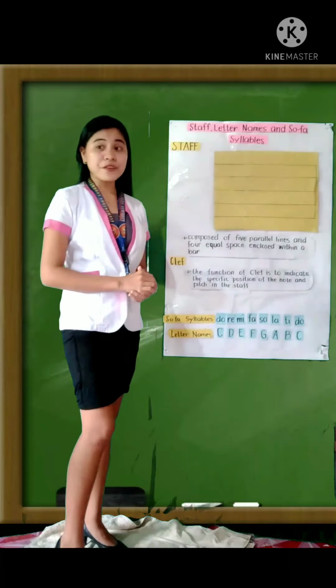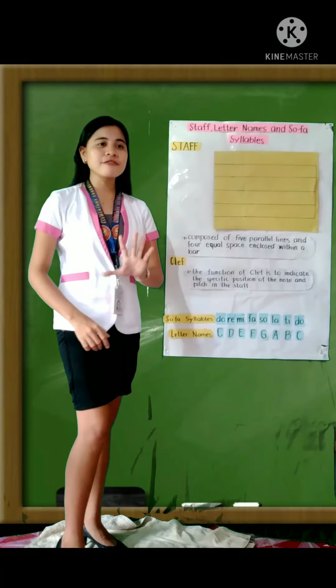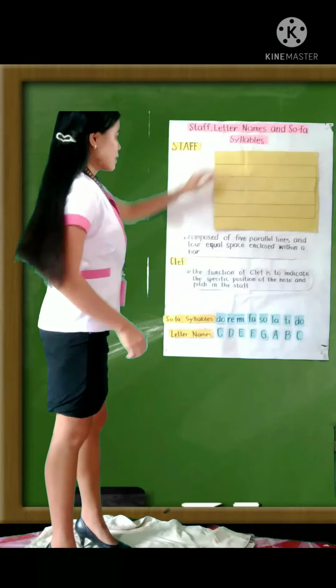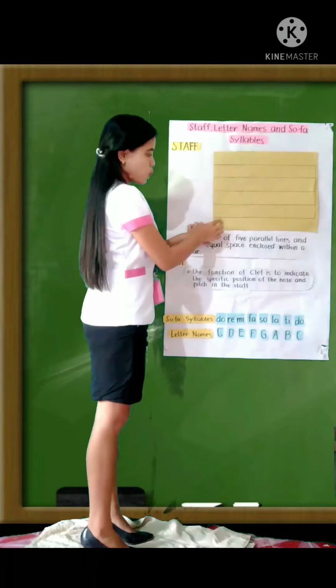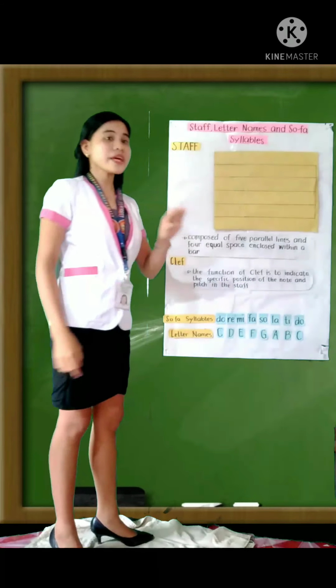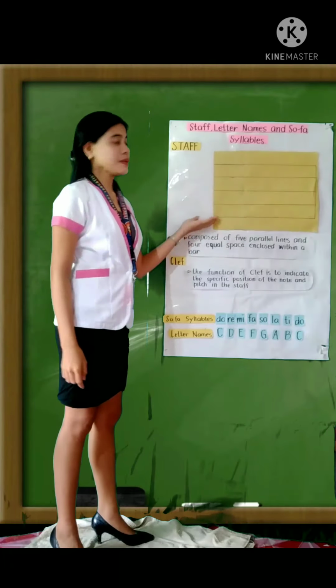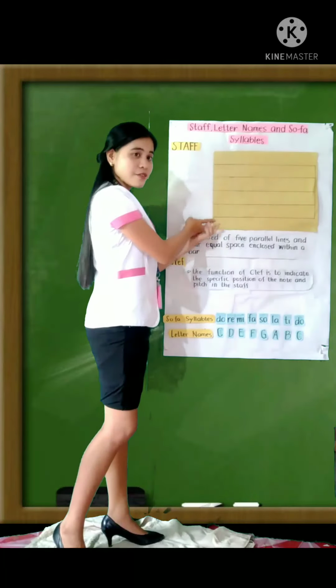So how many parallel lines does the staff have? 5, Mom! 5. Very good. So these are the parallel lines of the staff. So 1, 2, 3, 4, 5. So as we count, we start at the bottom, not at the top. So again, these are the parallel lines of the staff.